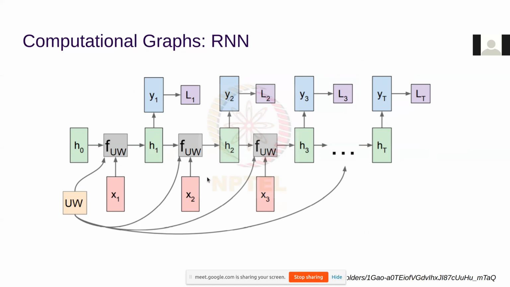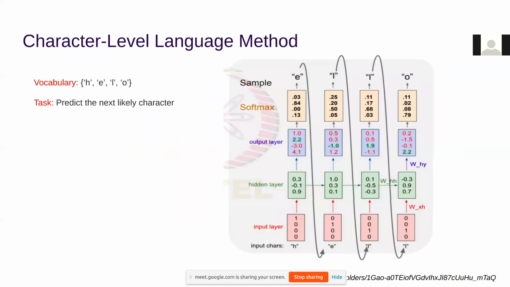Let's look at a small example here, a character-level language model. This is a very small example, shown just for explaining the concept in detail. Suppose there is a very short vocabulary of only these 4 characters: H, E, L, O. The task is to predict the next likely character, given a character.